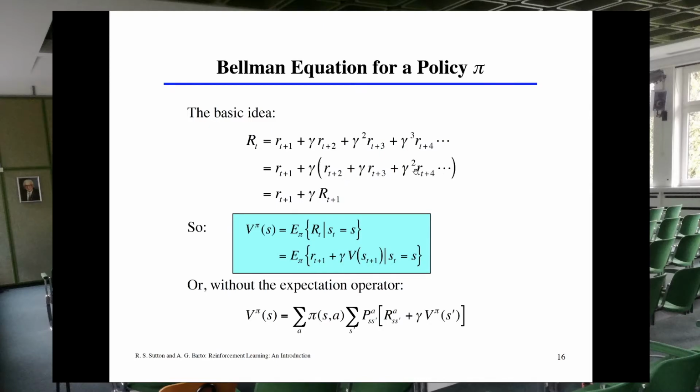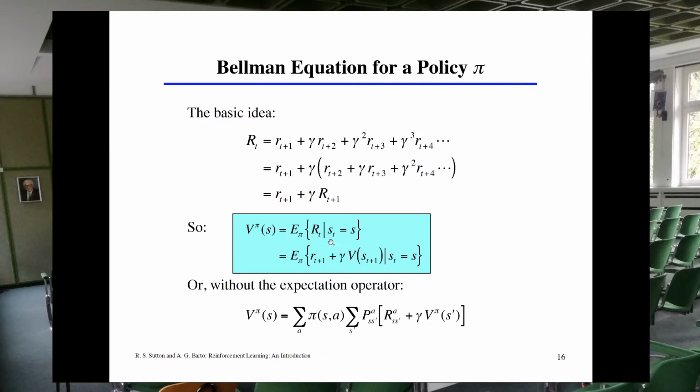But this expression here will be simply defined as the return starting in time step t plus 1. So we can summarize this as the reward in time step t plus 1 plus gamma times the return starting in time step t plus 1. And this is what they have done here.